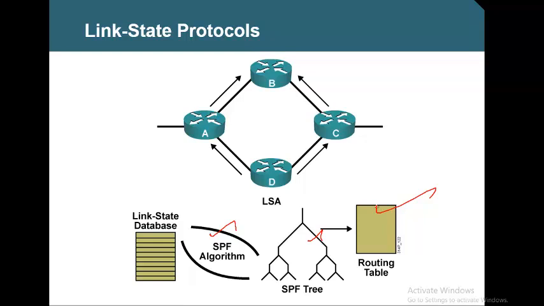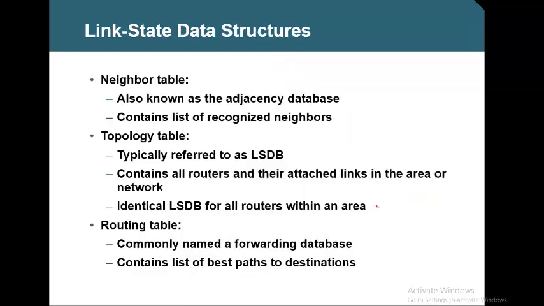If you don't have multiple routing protocols, then for sure you will see OSPF's route recommendation in the routing table. To maintain the routes, you need a routing table. To maintain the database, you need a topology table, which we call the link state database. And to keep the neighbor status up or down, to maintain the neighbor relationship, you need a neighbor table.